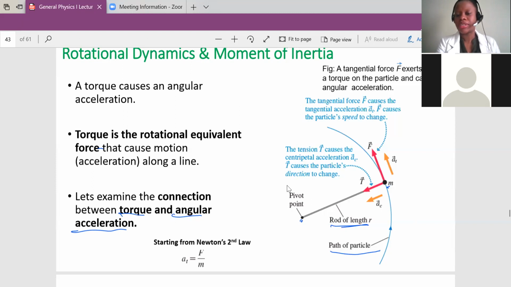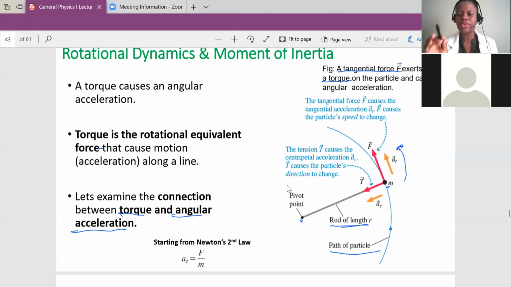Okay, the force is applied to make this particle move in this way. So the force that is causing tangential acceleration is what we have recognized as tangential force. And tangential force is called torque because that is the kind of force that causes angular acceleration, or acceleration for a particle taking a rotational motion.